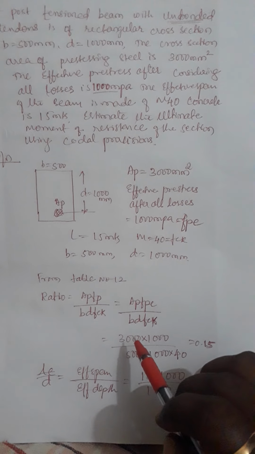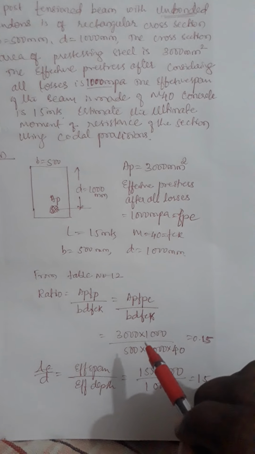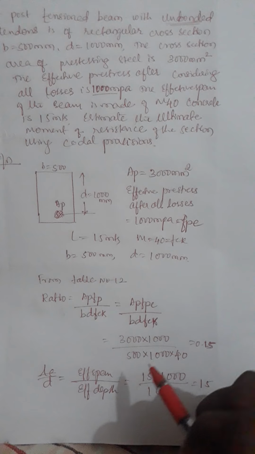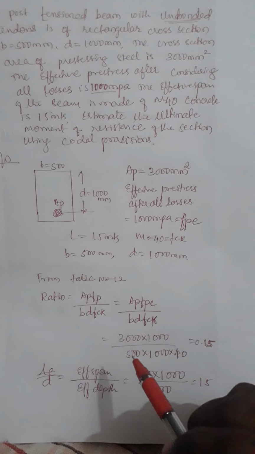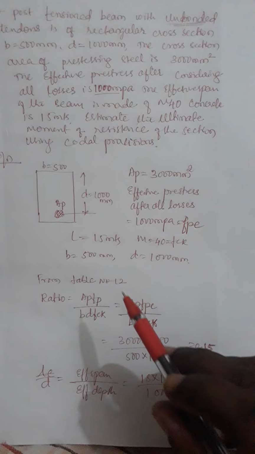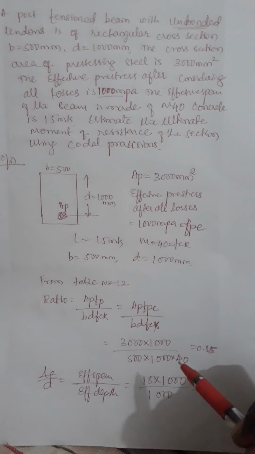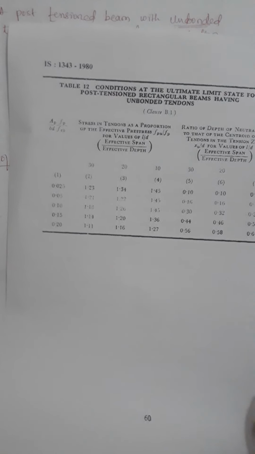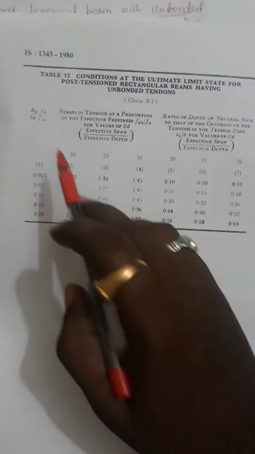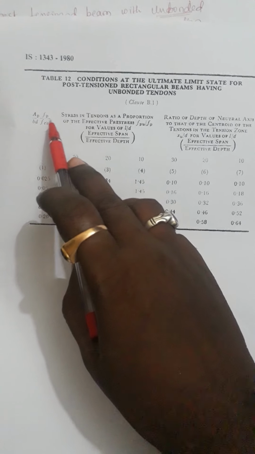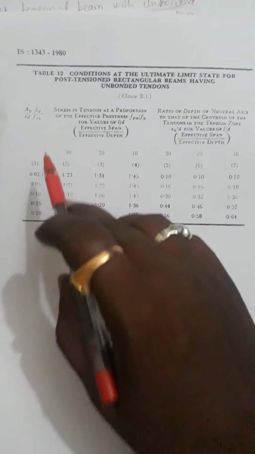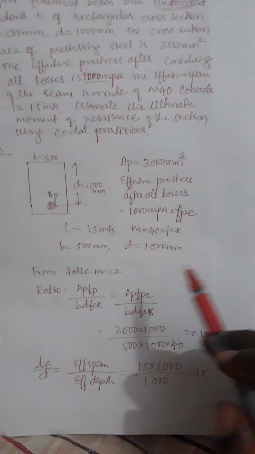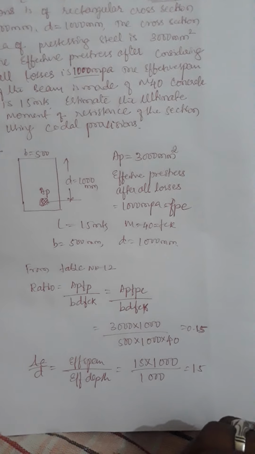AP is 3000 mm square into FPE 1000, then breadth 500 and effective depth 1000 into 40. In table 12 the effective reinforcement ratio is AP FPE by BD FCK. So you have to find this value. It comes to about 0.15.